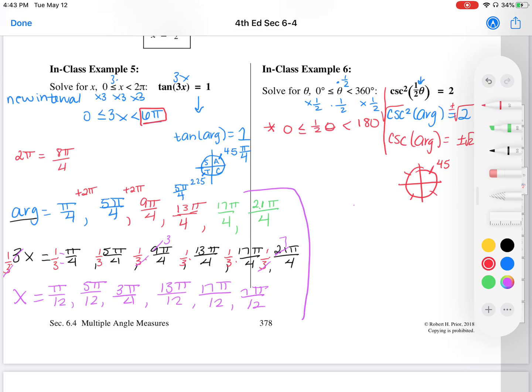And we want negative and positive. So we have 45 degrees at 135, 225, and 315. Let's look at our interval. We only want to go from 0 to 180. So the only answers I want to consider are the ones that go to 180, right? So 135 and 45. So we have arg is equal to 45 and 135.